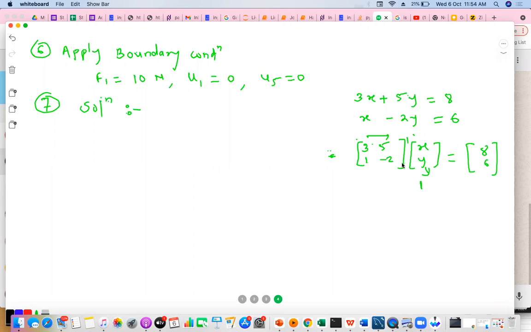So now with this, I can find x and y values, right? I can find x and y. So we will be doing the same.